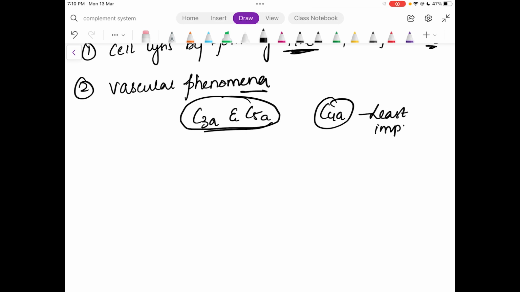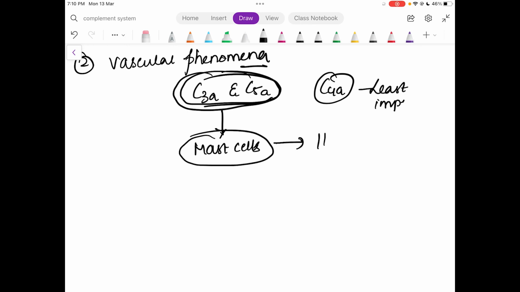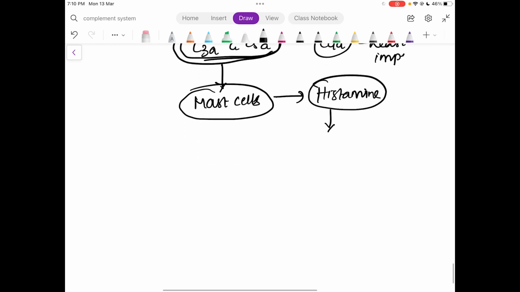But these two, C3A and C5A, are very important. What they will do? They act on mast cells. By acting on mast cells, they cause release of histamine. Whenever histamine is released, the histamine will cause increased vascular permeability.